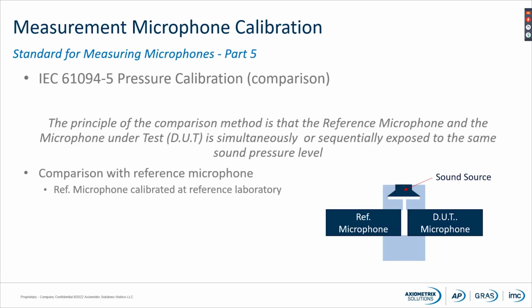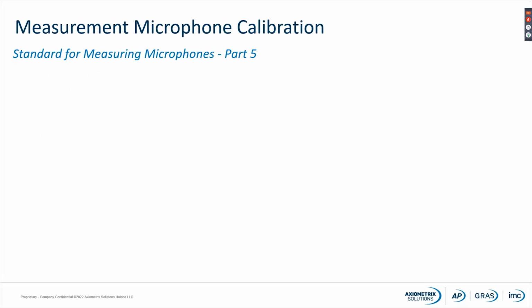We can do the comparison with a reference microphone calibrated at a reference laboratory. We can also do the comparison with a piston phone or a calibrator, also calibrated at a reference laboratory.